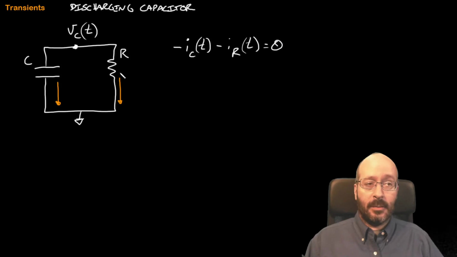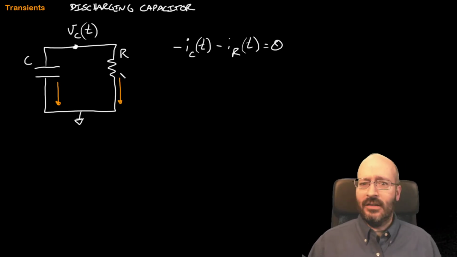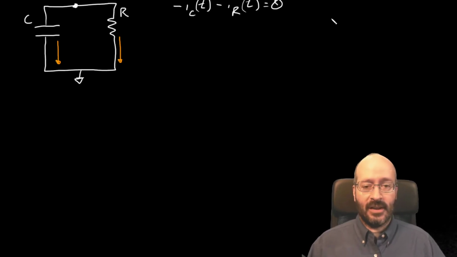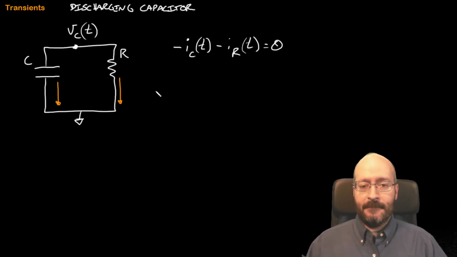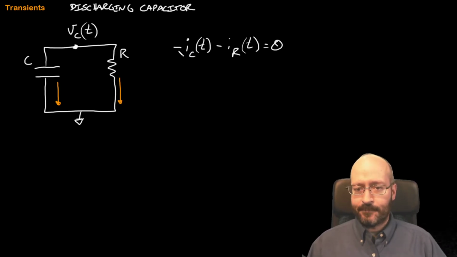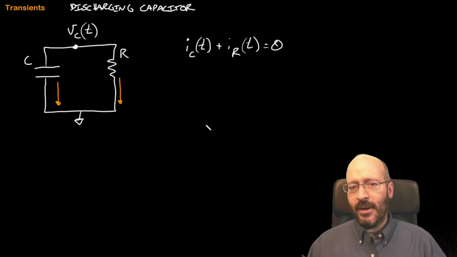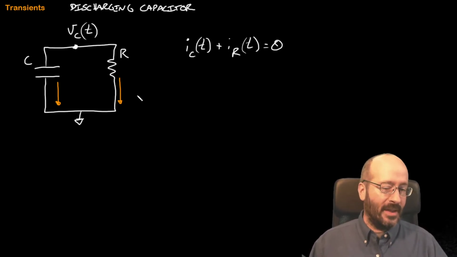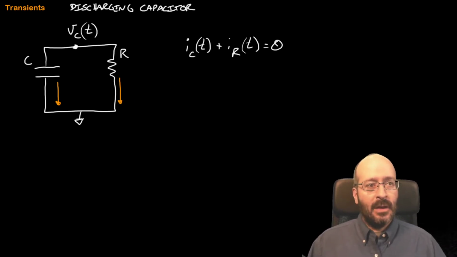That's going to be the starting point of the wall of math I'm about to give you, but I'm going to try to break it down slowly so you can stick with me. Okay, now if I multiply both sides of this by -1, we can write it that way, and it's a little cleaner. I use the negatives because that matches the way that we had the signs down there.